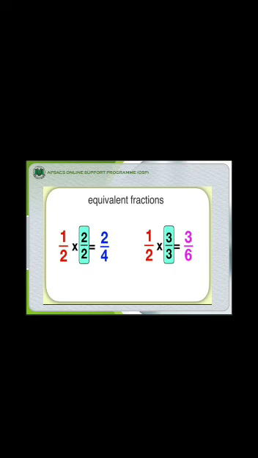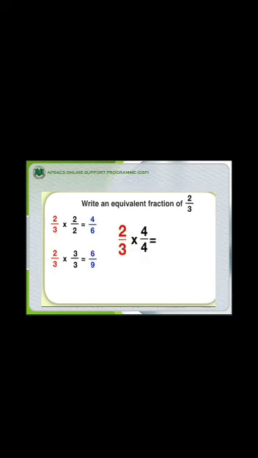If we multiply it by 2, here 1 times 2 equals 2 and 2 times 2 equals 4. So 2 over 4 is an equivalent fraction of 1 over 2. Similarly, if we multiply 1 over 2 by 3, then its equivalent fraction will be 3 over 6.